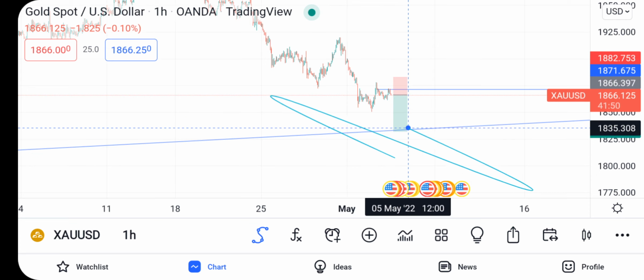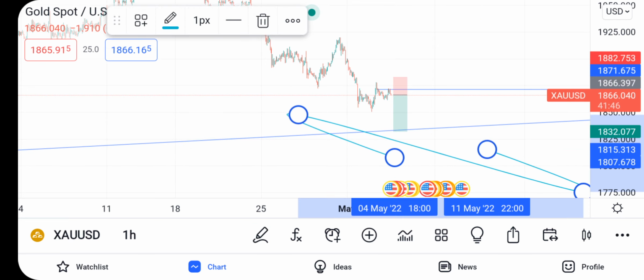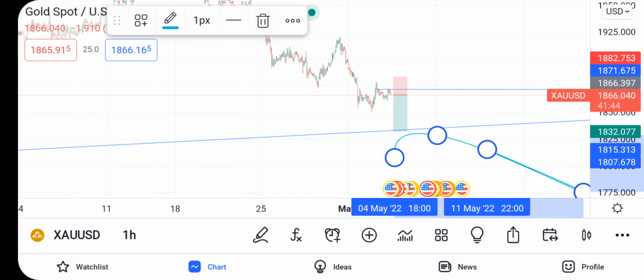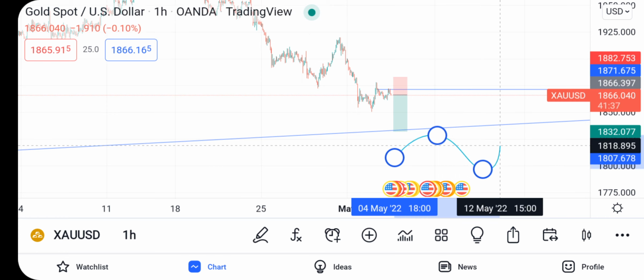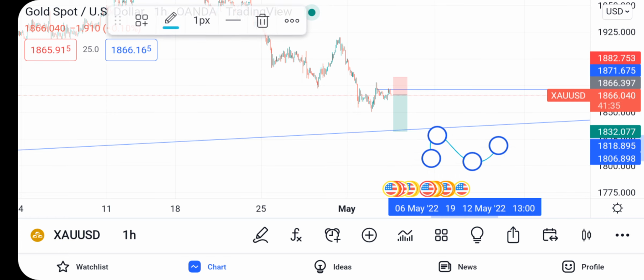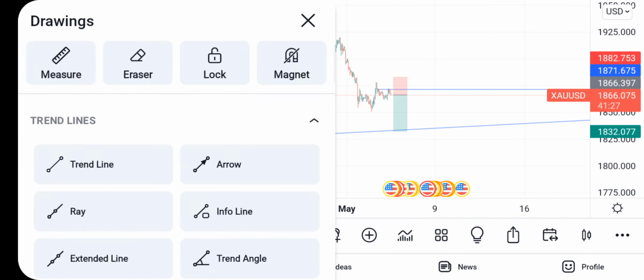If something like this happens, or if you don't get what I'm trying to do here, let me just take a pen so that it will be simple.